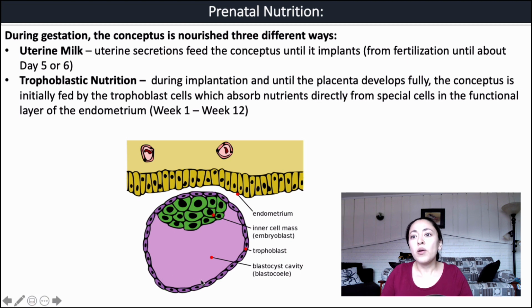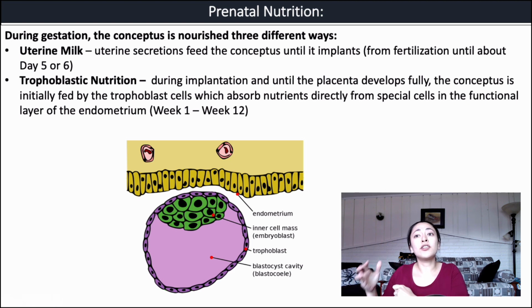So remember, when we look at the blastocyst, this outer layer of cells is called the trophoblast. And during implantation and until the placenta develops fully, the conceptus is initially fed through these trophoblast cells. And these trophoblast cells will actually absorb nutrients from specialized cells in the endometrium as it implants into the endometrium.